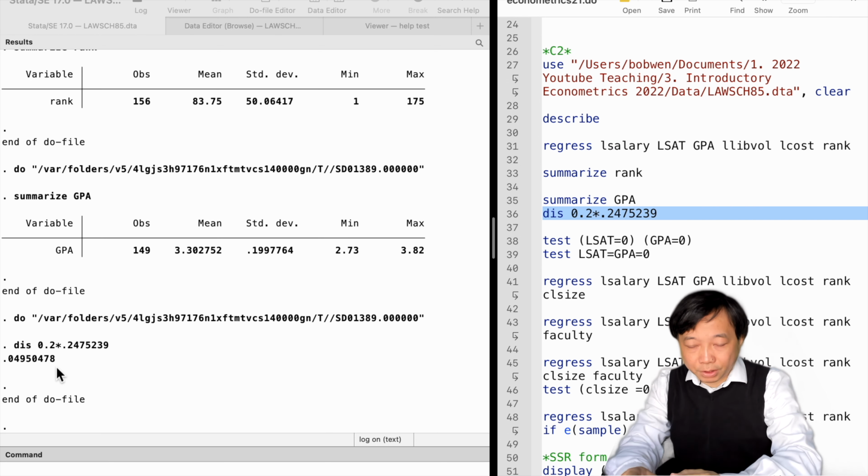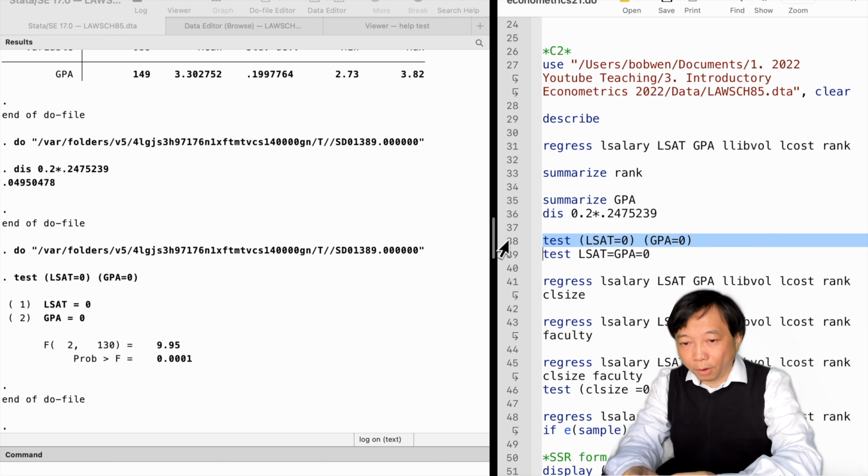To test whether the LSAT and GPA are jointly significant, we can type test followed by two parentheses. We write the two restrictions in the two parentheses. The F statistic is 9.95 and its p-value is 0.0001.